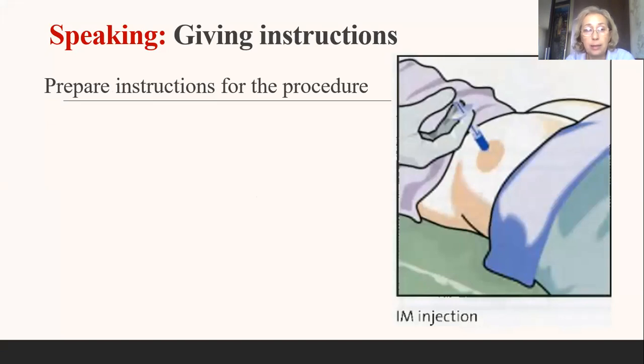Let us think of what instructions we should give. Don't forget that when you talk to your colleagues, when you teach somebody how to do something, the instructions should be short and you should use the imperative mood. So what should we start with?